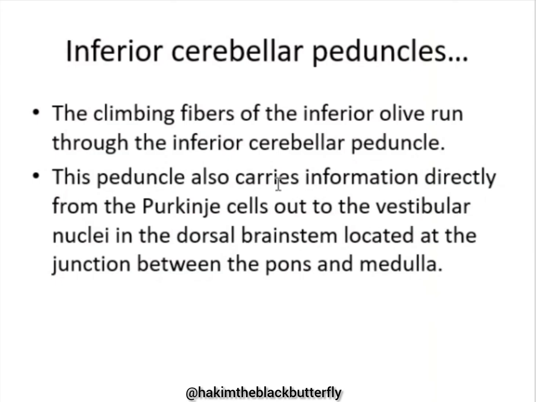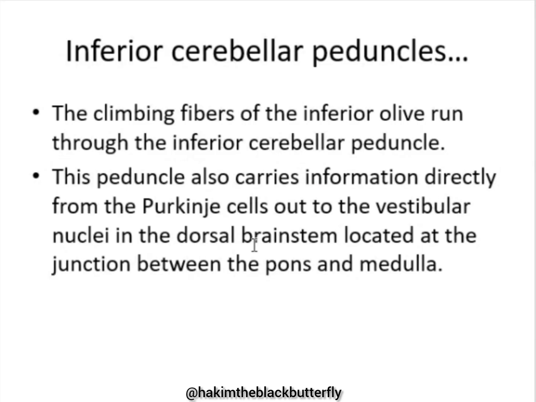Some of the efferent information which is passing through the inferior cerebellar peduncle is this information, because some information goes from the Purkinje cells towards the vestibular nucleus. So this is some of the efferent information, whereas most of the information is afferent, but some Purkinje cells transmit efferent information through the inferior cerebellar peduncle towards the brain stem.